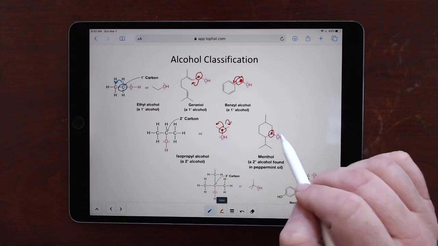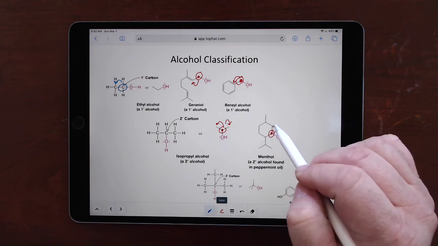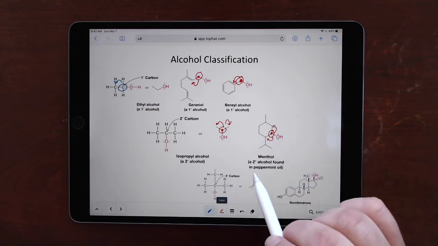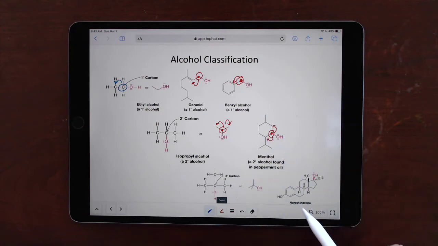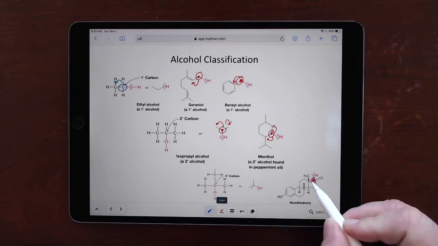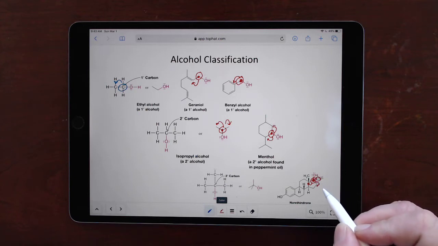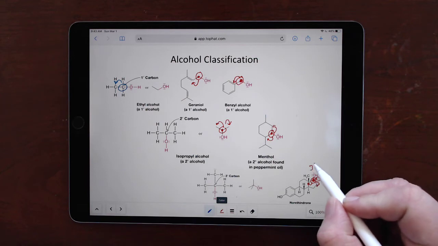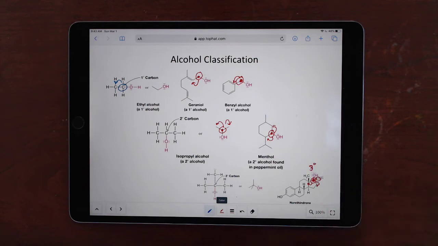Same thing here, menthol, right? So where that carbon is attached, there's 1 here, there's 1 here directly attached to it. So this is a secondary. Tertiary alcohol, so you look at this one, I think this is a contraceptive, right? So you look at that carbon there where the OH is attached, and there's 1, 2, and 3 carbons attached to that carbon directly, and so this is a tertiary alcohol.